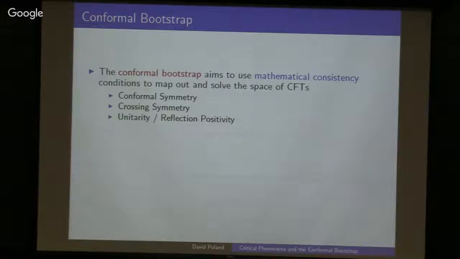This is a mandatory condition. In statistical systems, it has an analog called reflection positivity. Not every statistical system is reflection positive, but many of the most interesting ones are. In particular, the 3D Ising model and the O(N) vector models, viewed as statistical systems in 3 spatial dimensions, we believe satisfy this condition of reflection positivity. So we can use it to our advantage.